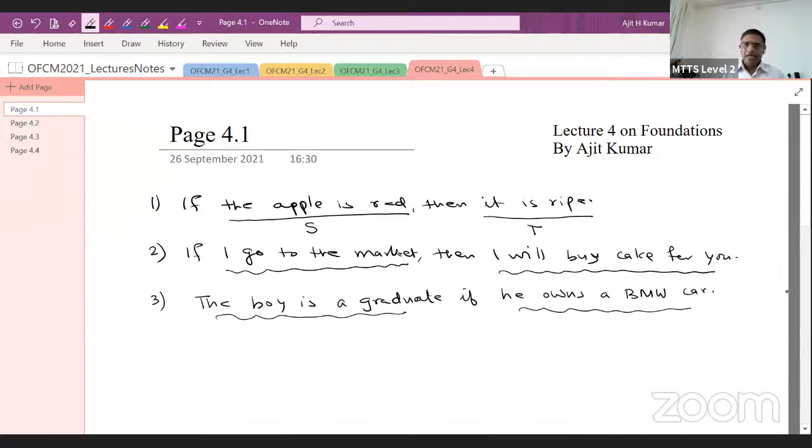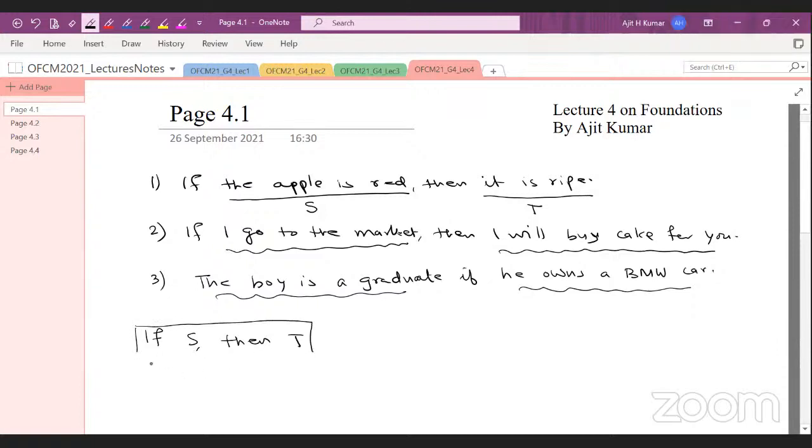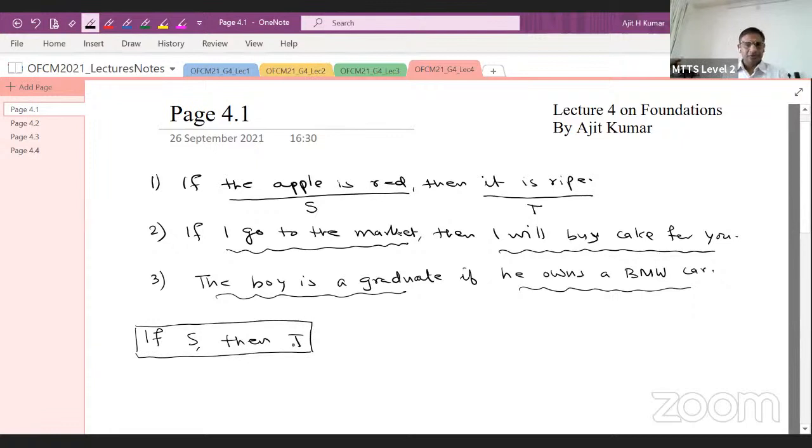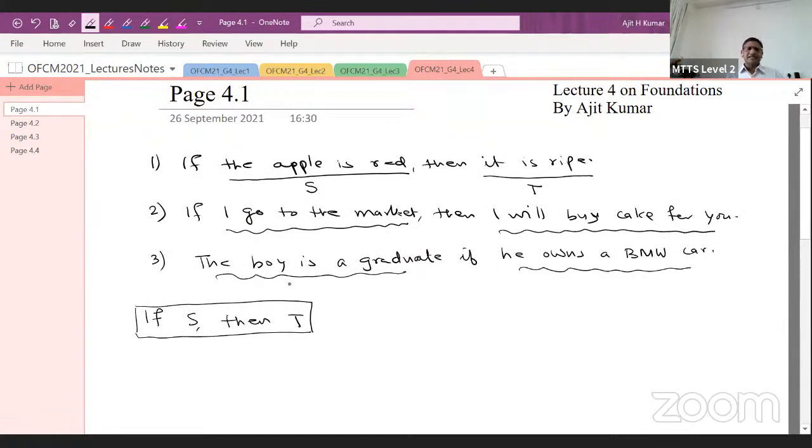Now all these statements are of this form: if S, then T. Now we would like to see when this statement is true and when it is false.